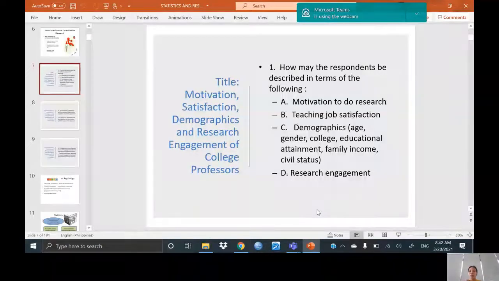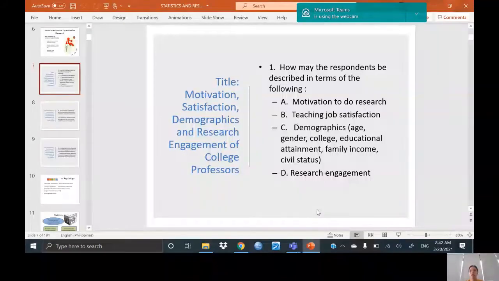So what do you think are the statistical tools that would be most appropriate in order to answer this problem? Of course, because this is a descriptive problem, then it calls for descriptive statistics. Again, this is a descriptive problem, so therefore it calls for descriptive statistics.